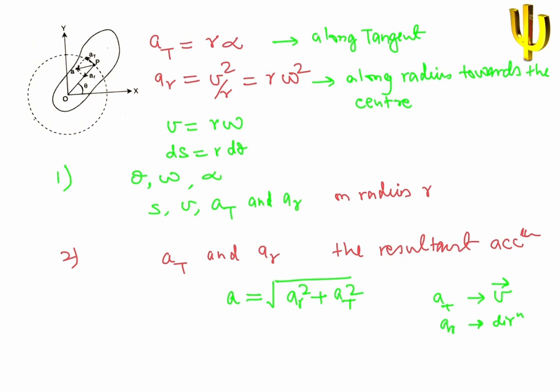Therefore, it is worthy to note that if AR is equal to 0 and AT is also equal to 0, then in that case total acceleration will be 0. That is, motion will be uniformly translatory.